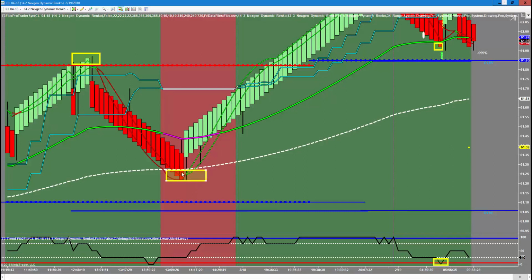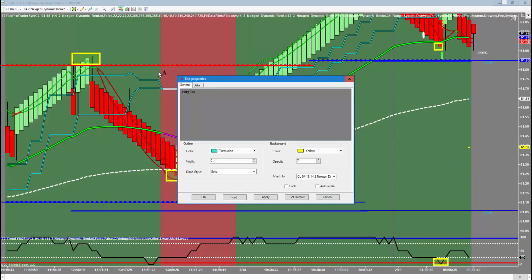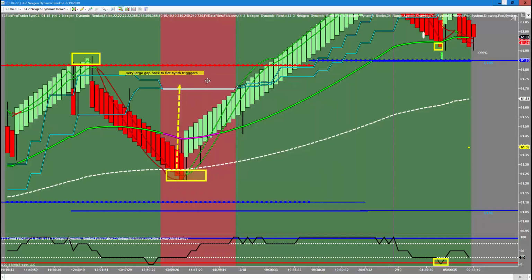And one of the things that we talk about extensively is if you hit an area and you have a very large gap back to your synthetic triggers, and the flatter the triggers, the better. So does everybody understand this concept?